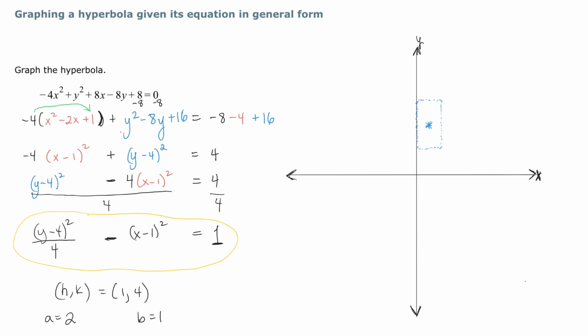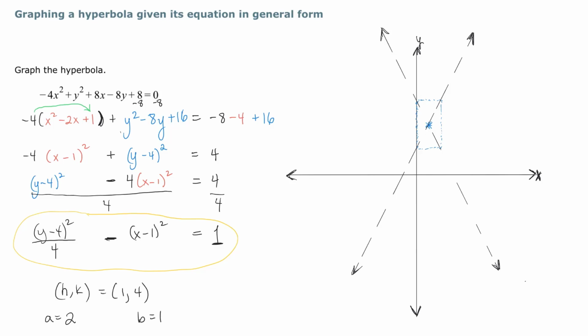Now go ahead and draw the slant asymptotes, or the asymptotes. And remember, the asymptotes for a hyperbola go through the corners of that rectangular box. You go ahead and do that. So you drew your asymptotes through the corners of that little rectangular box. And now we're going to go ahead and locate the vertices.